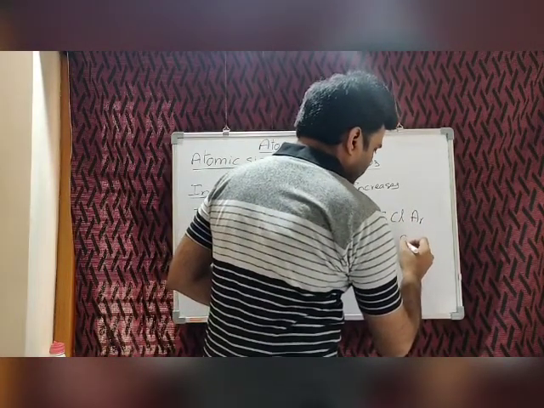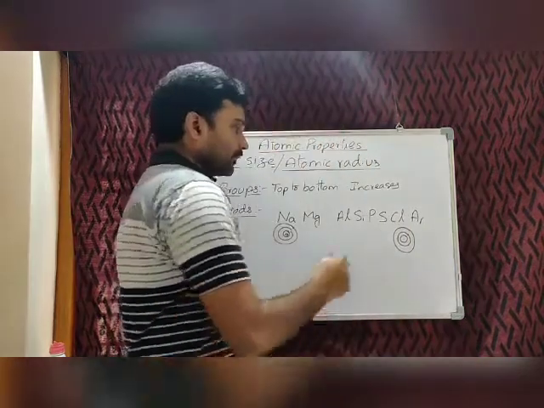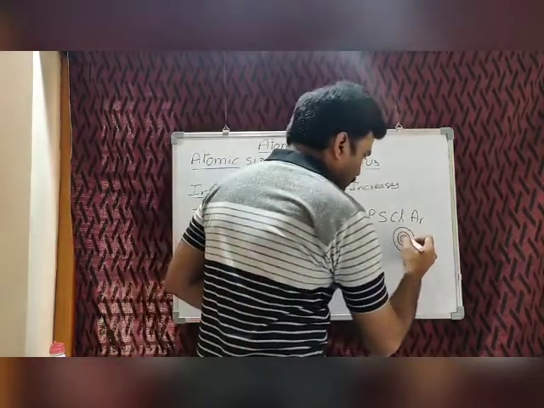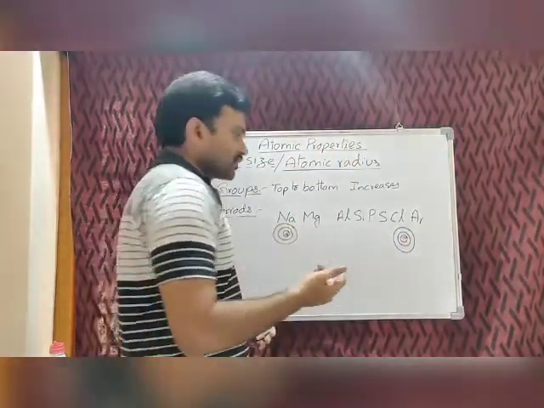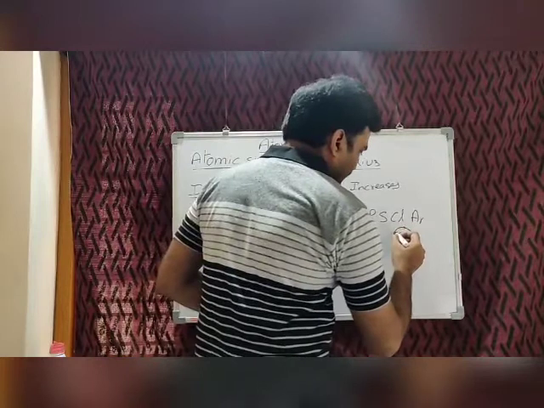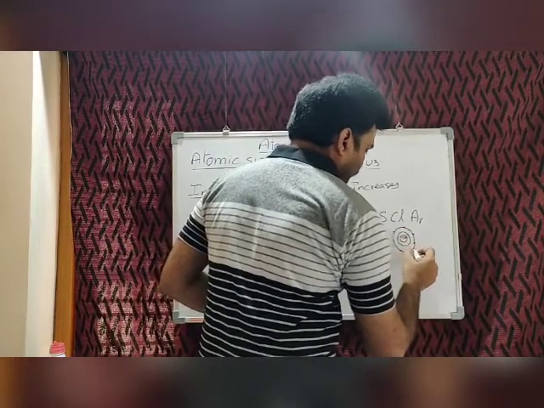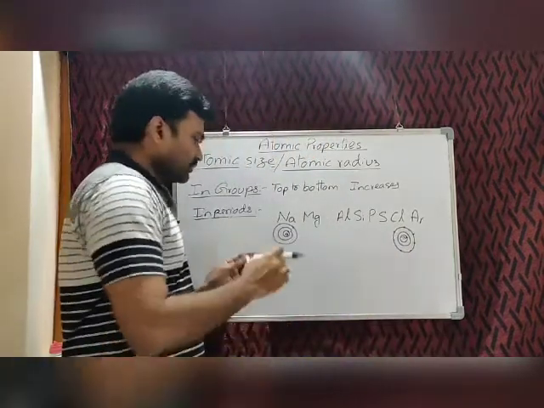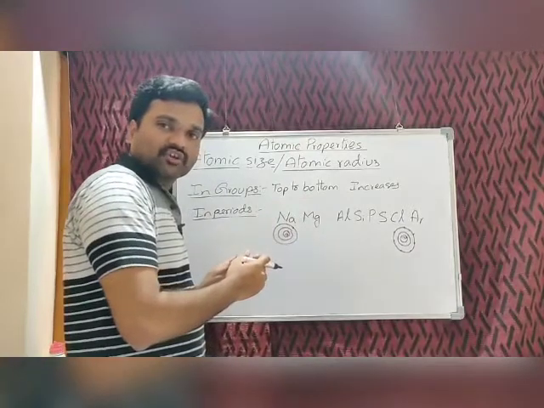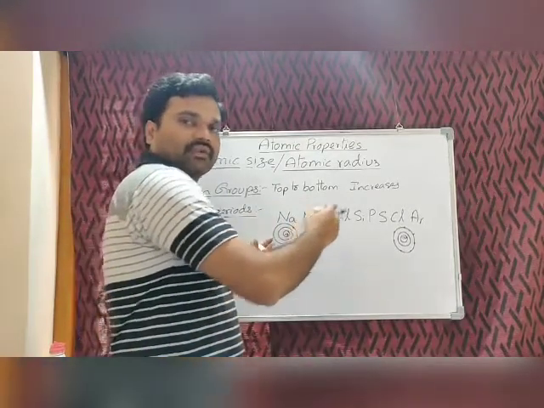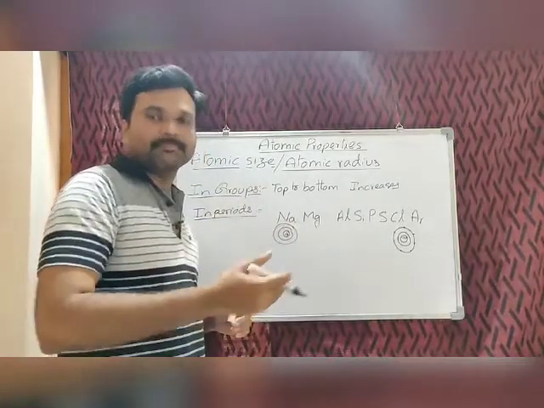It also has 3 shells only, but it has 17 units of positive charge, meaning 17 protons in the nucleus. At the same time, there are 7 electrons around the nucleus in the valence shell. So what we observed is that the number of valence electrons and nuclear charge both increase from left to right in a period, but the number of shells remains the same.